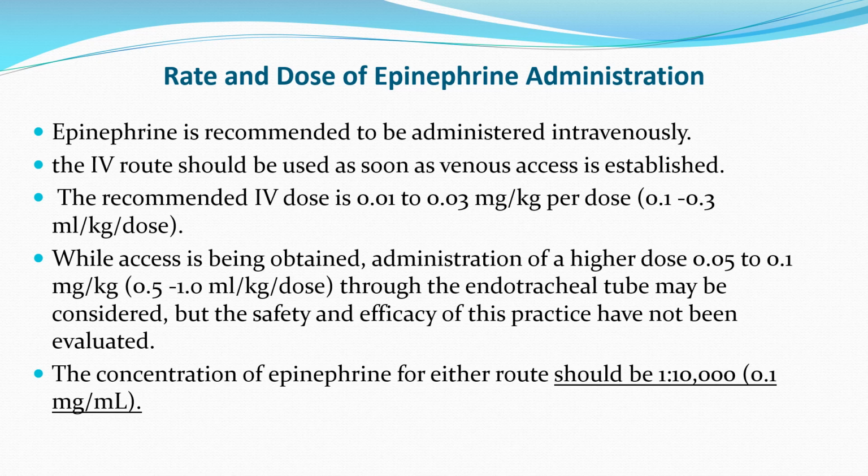While access is being obtained, administration of higher doses like 0.05 to 0.1 mg per kg through the endotracheal tube may be considered, but the safety and efficacy of this practice have not been evaluated. The concentration of epinephrine for either route should be 1 to 10,000, 0.1 mg per ml.